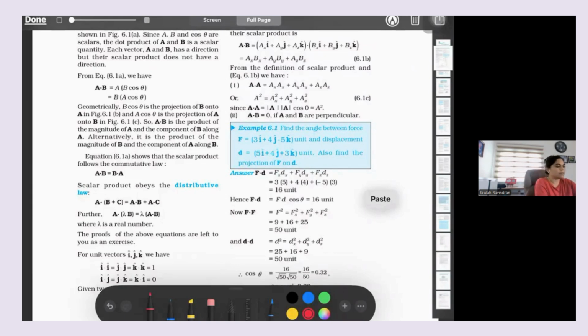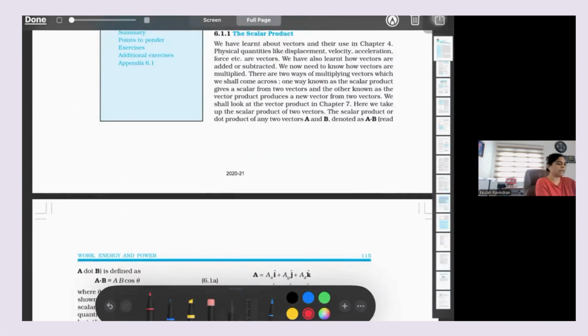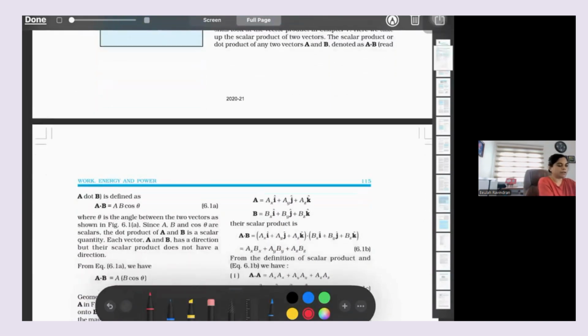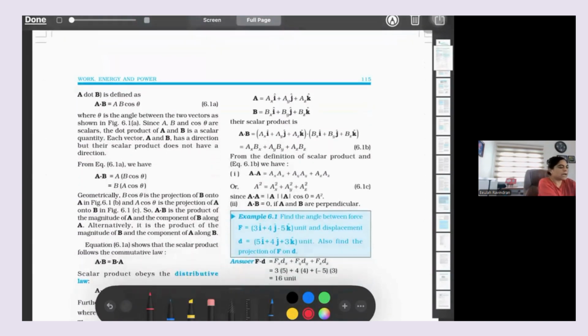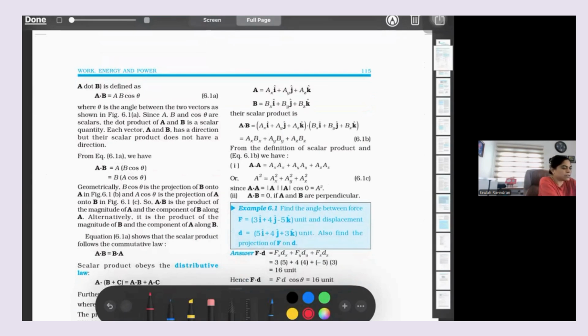Here we are now going to see the scalar product. As everyone knows, A and B in your textbook are shown in block letters, since the arrowhead is not introduced there; the block letter shows it's a vector.